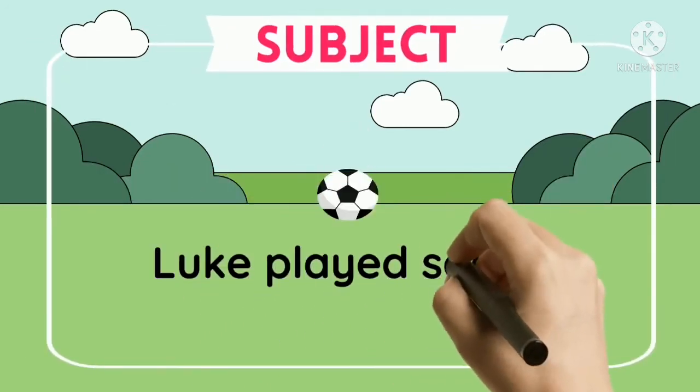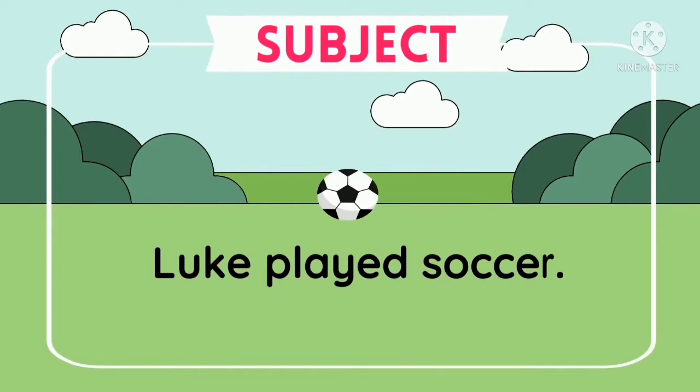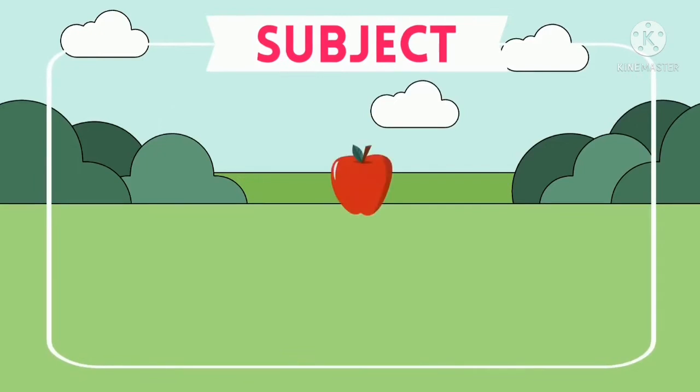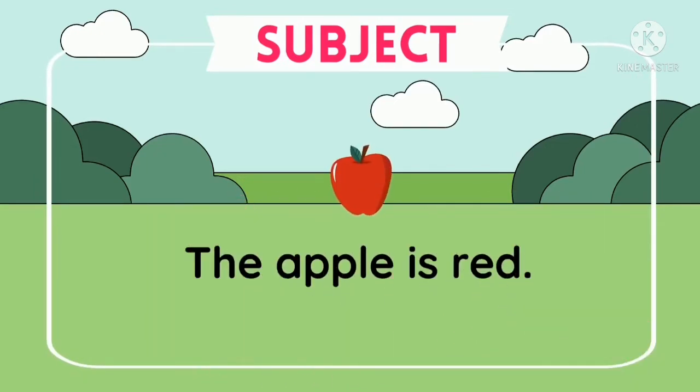Luke played soccer. Who is this sentence about? In this sentence, Luke is the subject because this sentence is all about Luke. The apple is red. Can you guess what the subject is in this sentence? That's right.